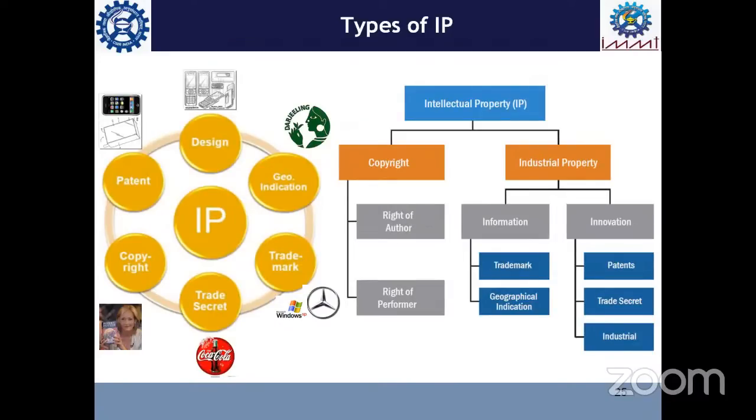Patents, trade secrets, and industrial designs fall under the innovation category, whereas trademarks and geographical indications go under information. On the left-hand side, I tried to show you the different types of IPs with an example each: design, geographical indication, trademark, trade secret, copyright, and a patent.